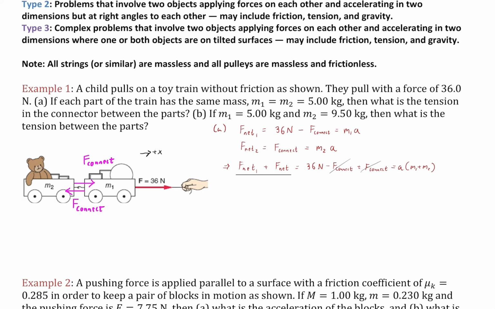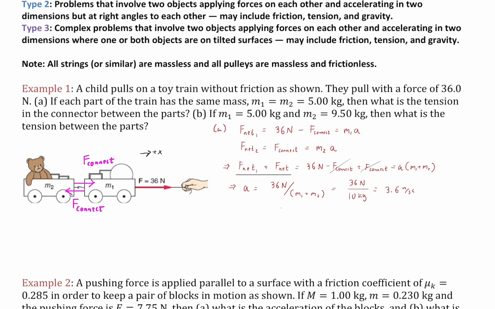When I do that, I get 36 newtons minus F connect plus F connect equals M1A plus M2A. On the right-hand side, I factor out the A, and since I have a negative F connect and a positive F connect, they cancel. So the acceleration is just 36 newtons divided by M1 plus M2, or 3.6 meters per second squared.